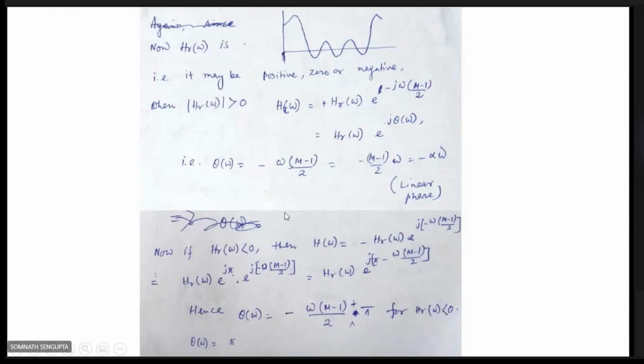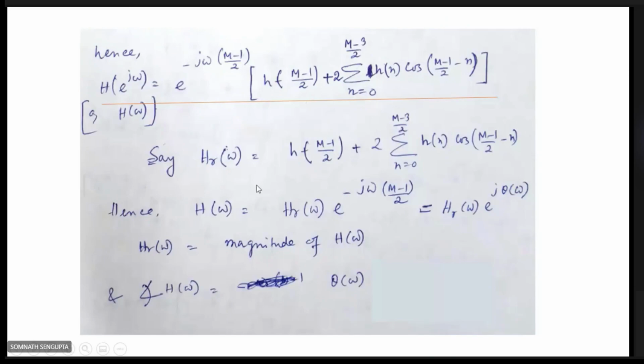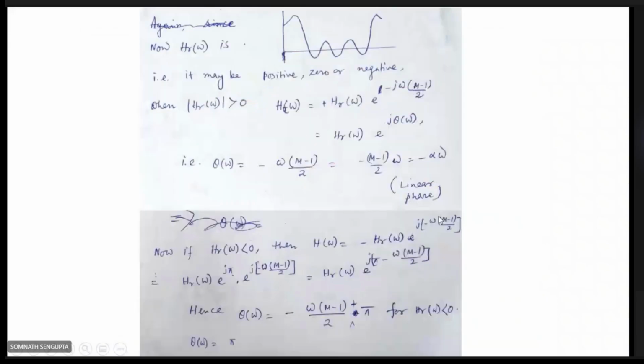So here this is obtained from comparing this equation. Okay, you can see this equation has the magnitude and phase part. So this is the phase part and this is the magnitude part. The phase part tells that e to the power minus j omega m minus 1 by 2, and this is the magnitude part. Now from there we deduce that alpha is m minus 1 by 2.